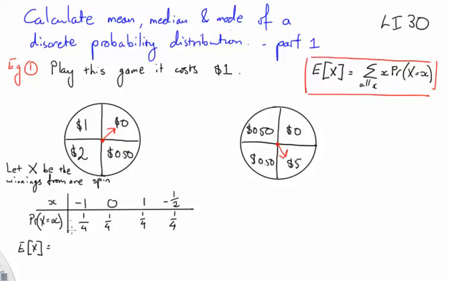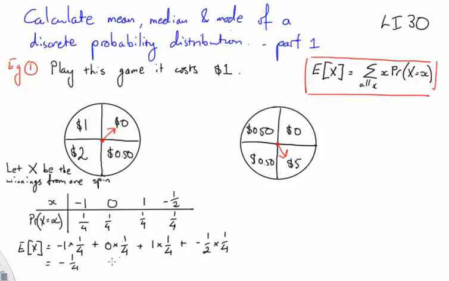So let's do that. So we've got -1 times 1/4, plus 0 times 1/4, plus 1 times 1/4, plus -1/2 times 1/4. What does that equal? -1/4.